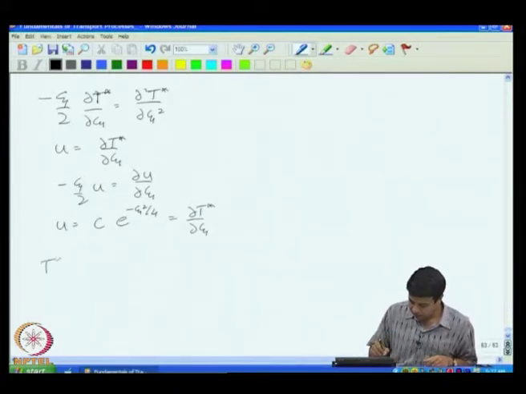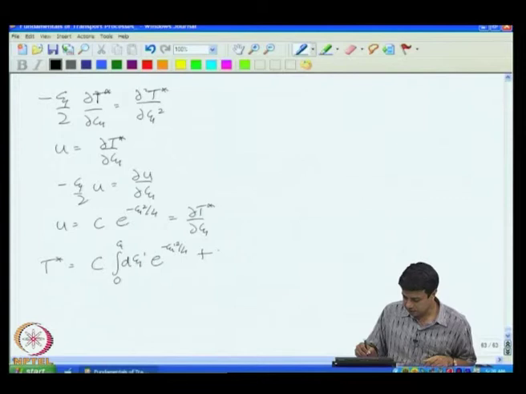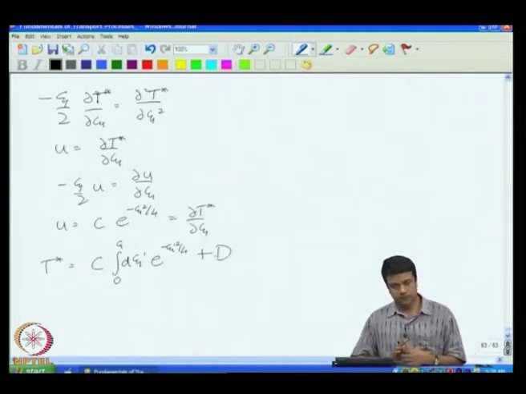Therefore, t is equal to c integral 0 to psi d psi prime e power minus psi prime square by 4, plus some other constant d.